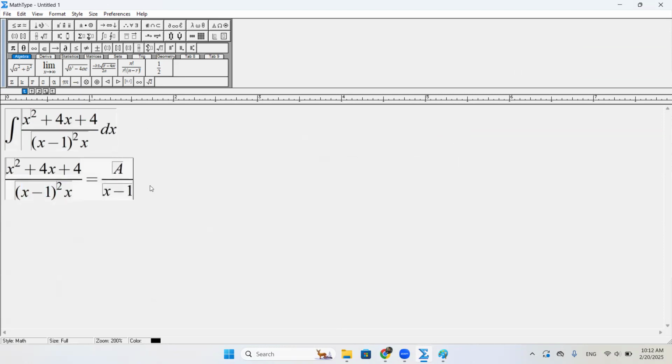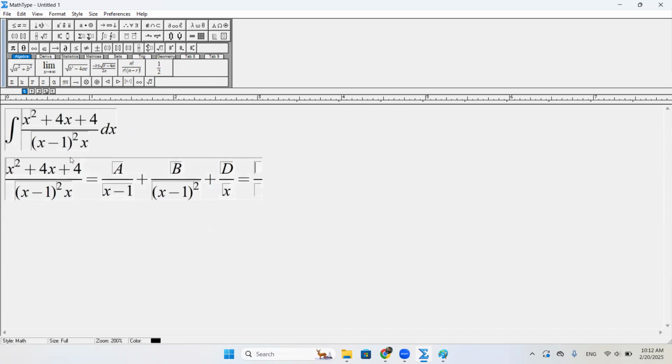We take into consideration all powers: a plus b divided by x minus 1 in power of 2. If it was power of 3, we would also write c divided by x minus 1 cubed. And let's not forget about x.